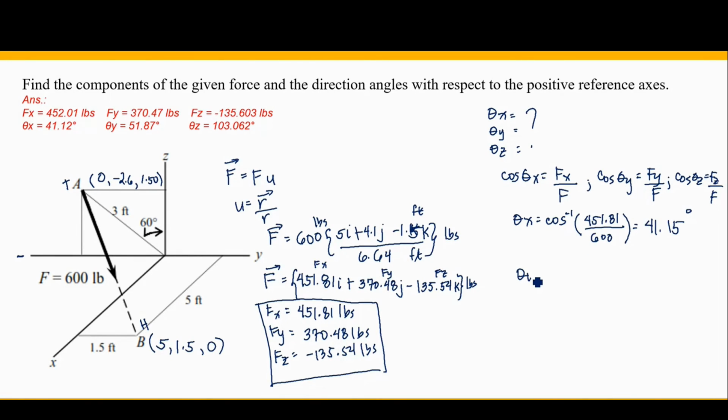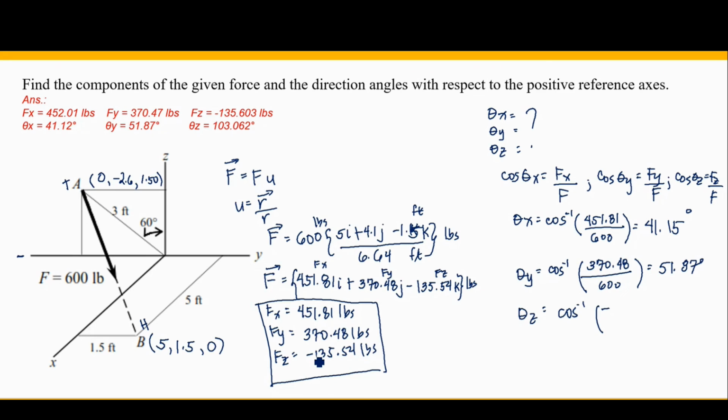And for our theta y, we have here fy. So, yung fy natin is 370.48 divided by 600. So, this is equal to 51.87 degrees.